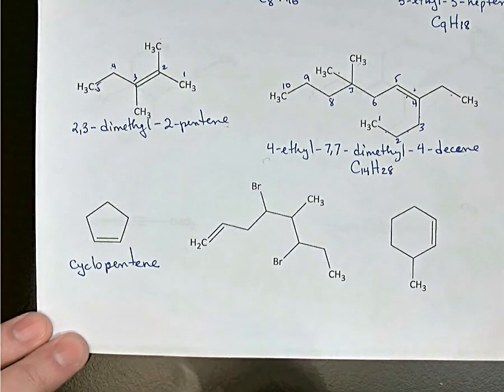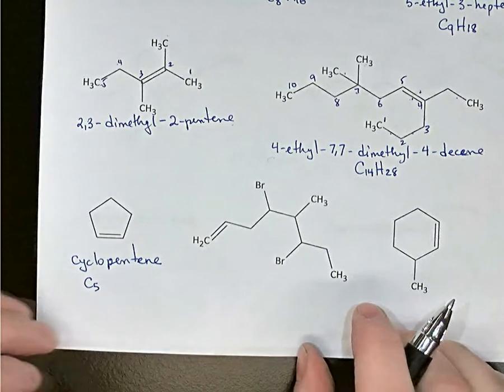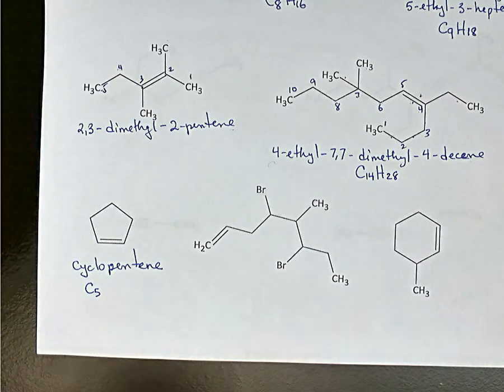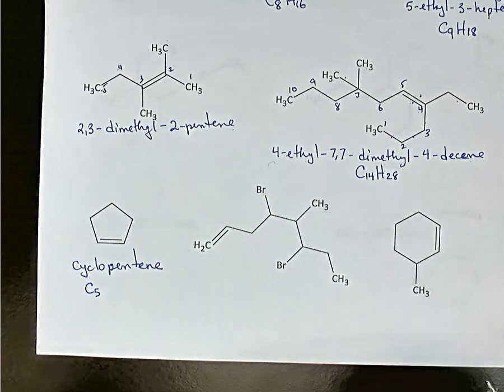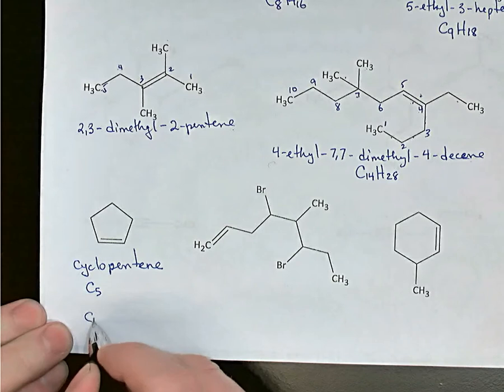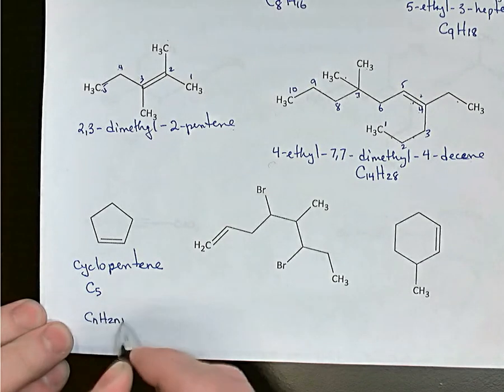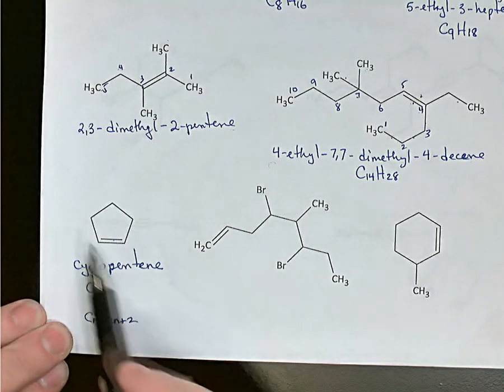Now, its chemical formula, it's got 5 carbons. Now you remember that to form a double bond, you need to take away 2 hydrogens, but to form a ring, you need to take away another 2 hydrogens. So instead of CnH2n plus 2, the generic alkane formula, we have to take away 4 hydrogens from there to make a double bond and a ring.